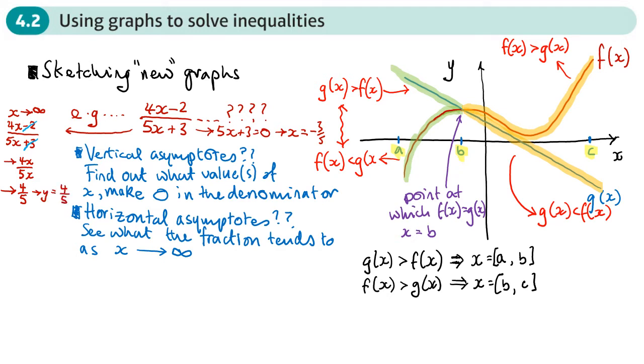So the process that we do when we see what the fraction tends to as x tends to infinity is we cross out any constants, because they're going to be insignificant as x tends to infinity. And then you almost cancel out the x, because if you're tending to a very big number, you've got the same very big number at the top and the bottom.